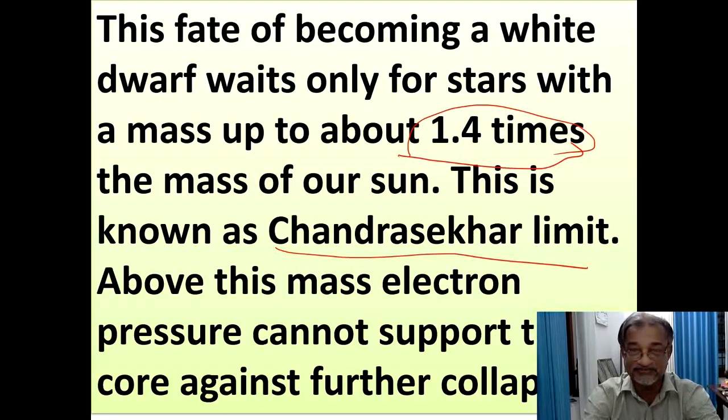So they fade. And there is a particular limit for a star becoming a white dwarf. That particular limit is 1.4 times the mass of our sun. All stars below a mass equal to 1.4 times that of our sun will become a white dwarf. And this particular limit is called the Chandrasekhar limit.